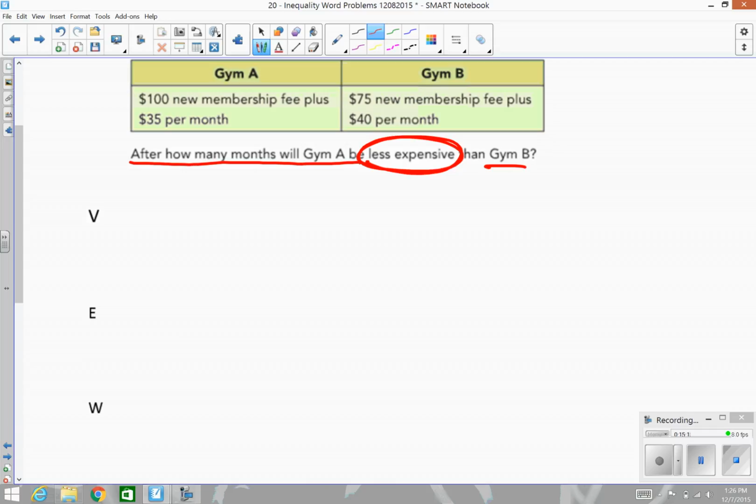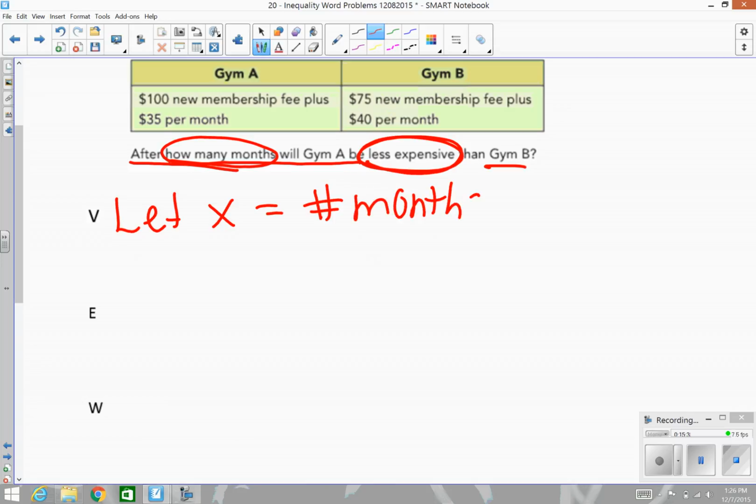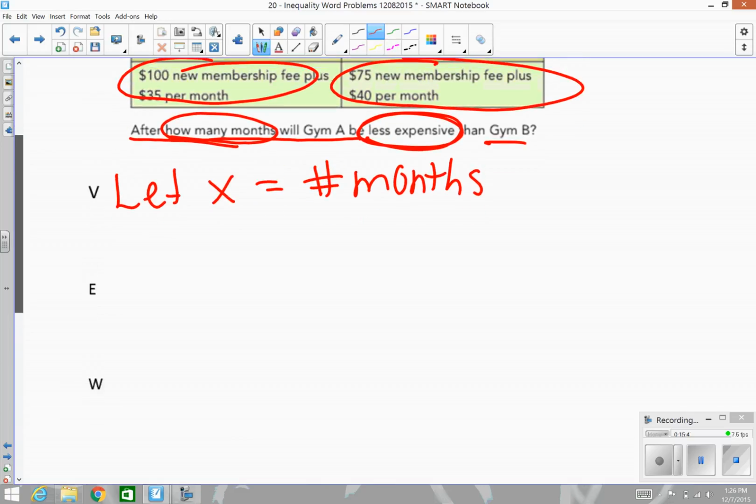This is a really funky situation, but what we're looking for is after how many months. So we're going to let x equal the number of months. And what we want to do is create an expression for gym A and an expression for gym B. For gym A, he's going to pay 100 plus 35 times the number of months.